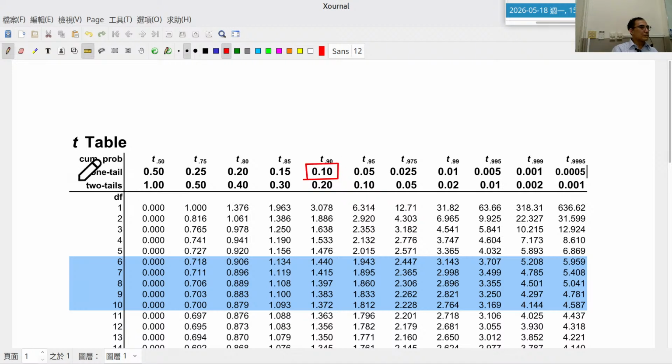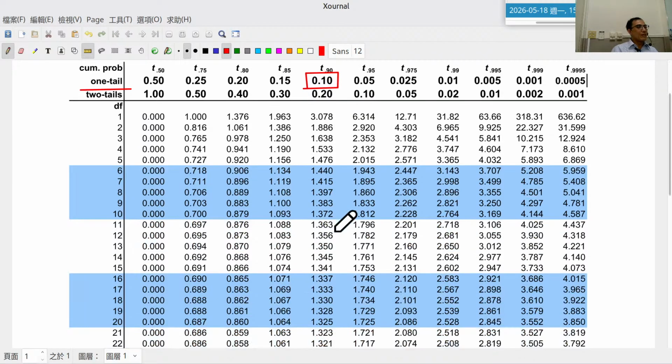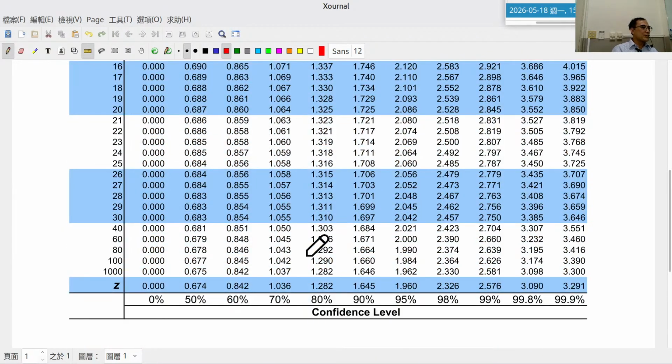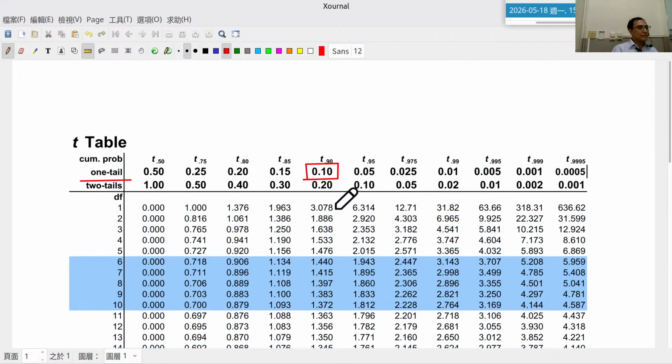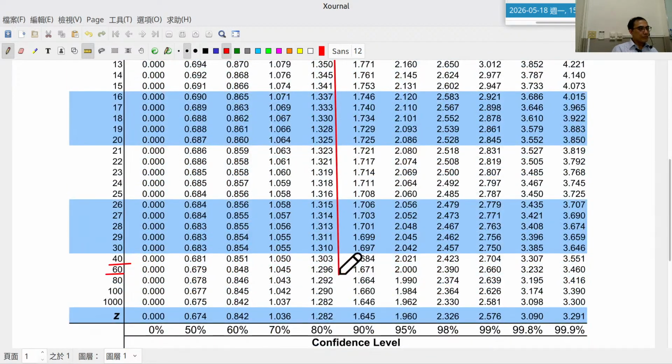That's about one tail. Then the degree of freedom is 52. 52, I think, is very close to 60 or 40.